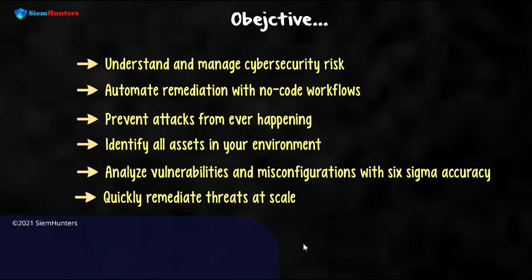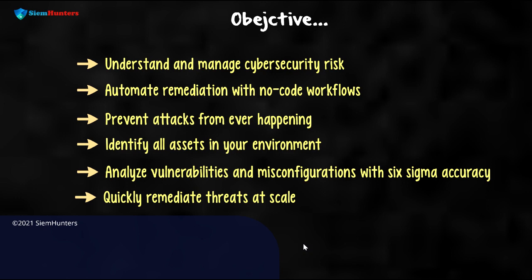It prevents attacks from ever happening. Leverage insights from over 180K vulnerabilities sourced from over 25 plus threat sources to receive preemptive alerts on potential attacks with the Qualys threat database. Next, identify all assets in your environment.